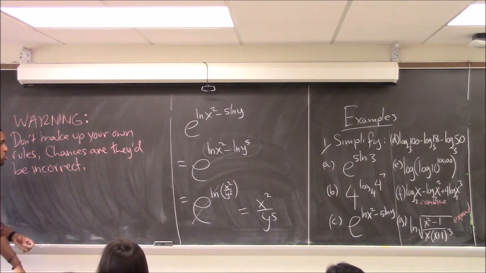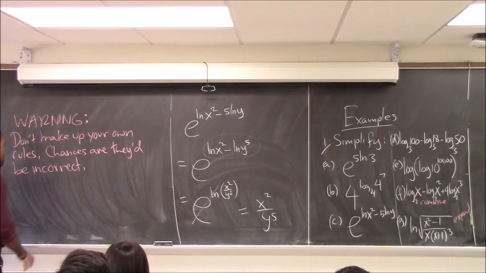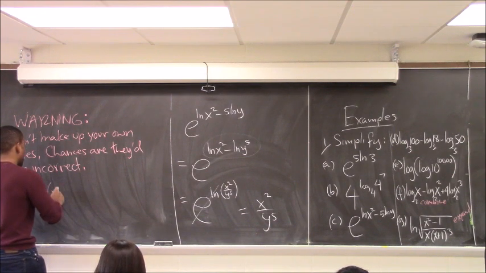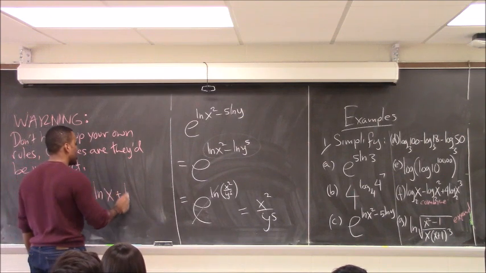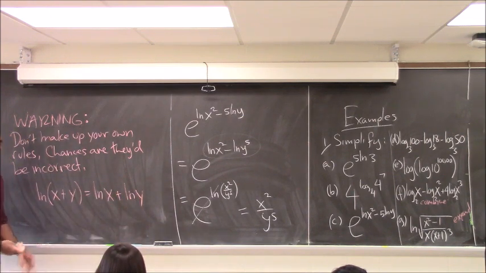Here's the thing. Rules are very context specific. A lot of times people would see something like log of x plus y, and they feel like they should be able to do this, because they're thinking of another rule, namely the distributive law, where they think, oh, I should be able to distribute anything.